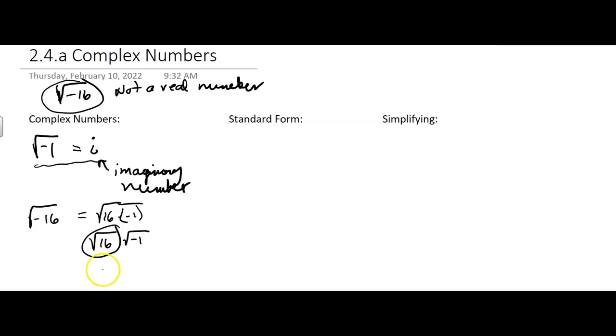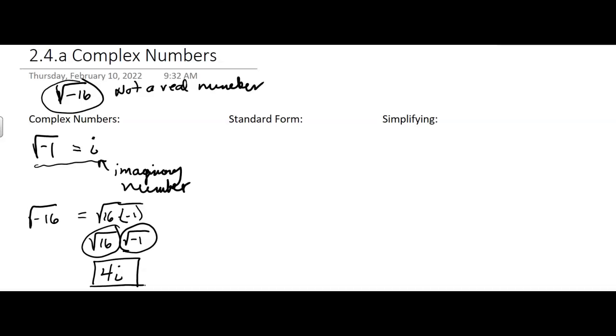The square root of 16 is 4. This then will be represented by the letter i. Like I said, it's lowercase and italicized, but you can write it how you want. It'll type it, right? Okay, so that's how we can deal with the square root of a negative number. But we need a new set of numbers, which are called complex numbers.